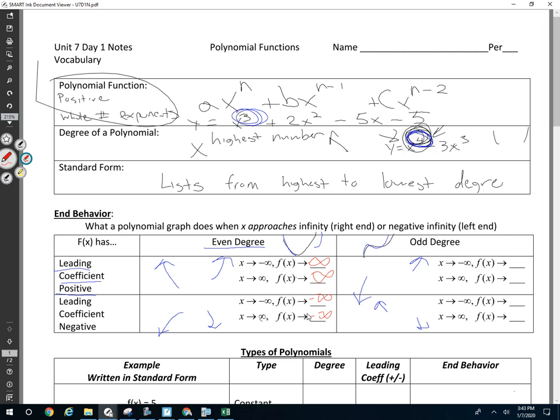If I have an x cubed, or an x to the fifth, or an x to the seventh, an odd degree polynomial, we will either be going in the same direction or opposite directions, depending on my shape. Now, all of these we'd be able to check by graphing, but we will find that it's just easy enough to examine and look at the polynomial to get the answers, okay?